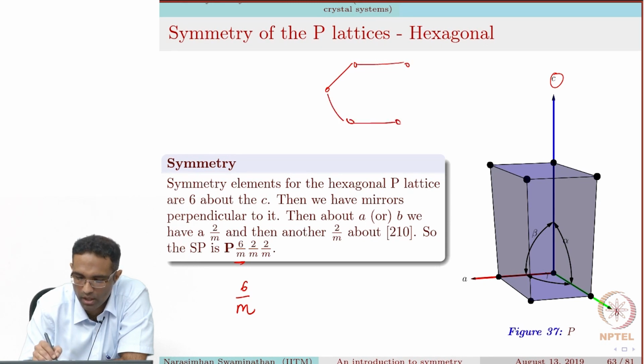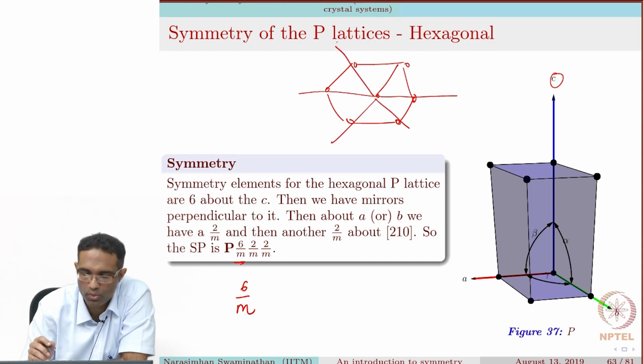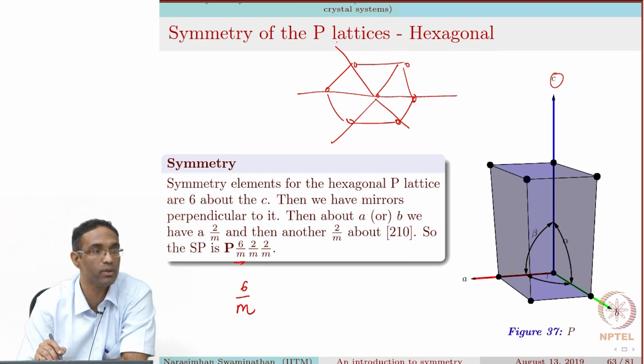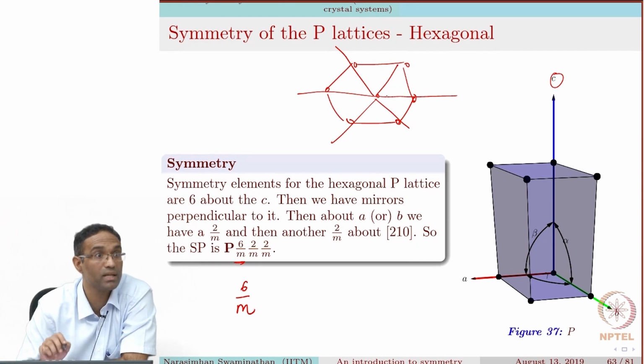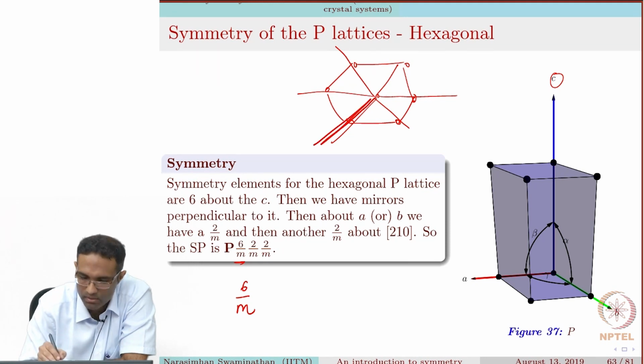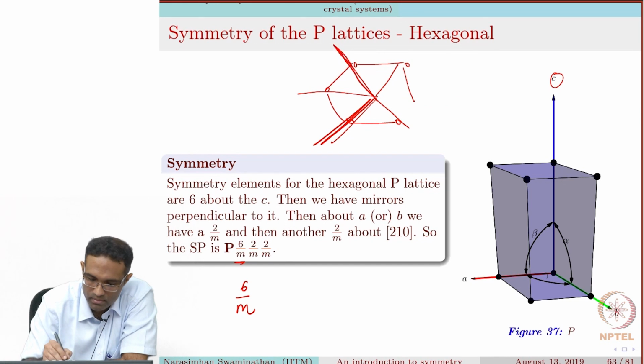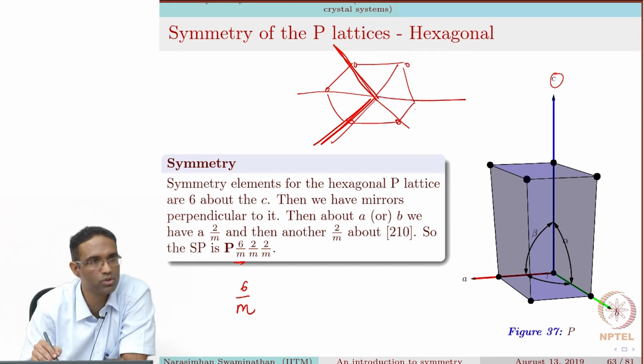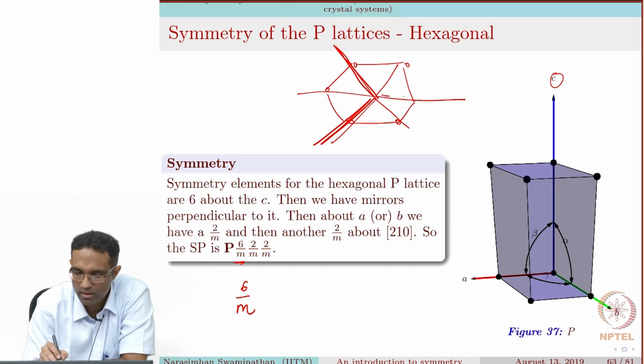Remember, we were talking about these unit cells. What were the two axes or the mirrors that we dealt with when we talked about the hexagonal plane lattice? We talked about mirrors which had this as the normal, right? Those darkly shaded things were the normals to the mirrors.